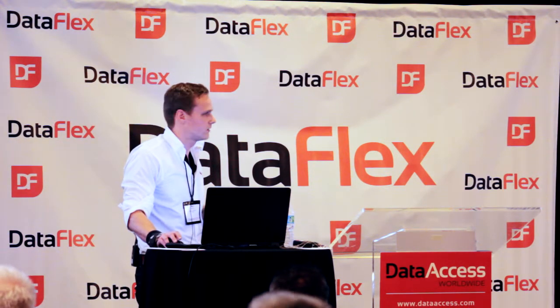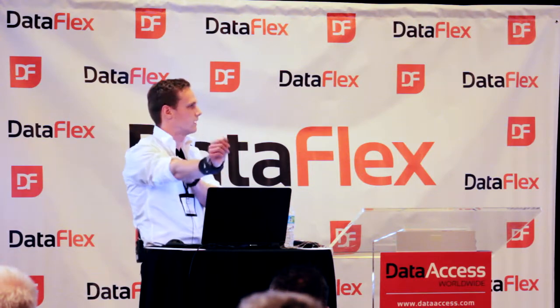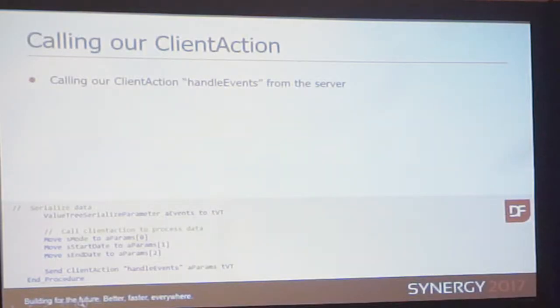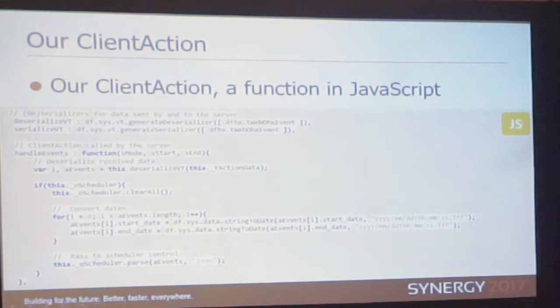So to call our client action from the server, you might have actually seen me sneak this into one of the previous slides, because at the very end of our load events procedure, I had this line where it said send client action handle events, an array of parameters, and a web value tree, which is our serialized array of events. And handle events is a function in JavaScript, and this is our client action.